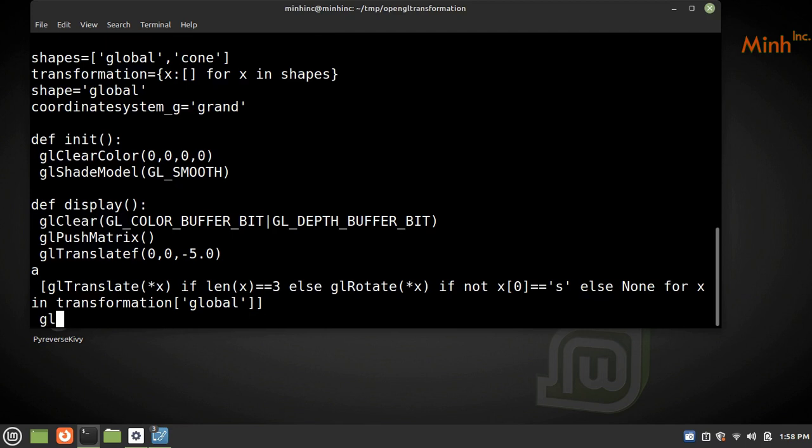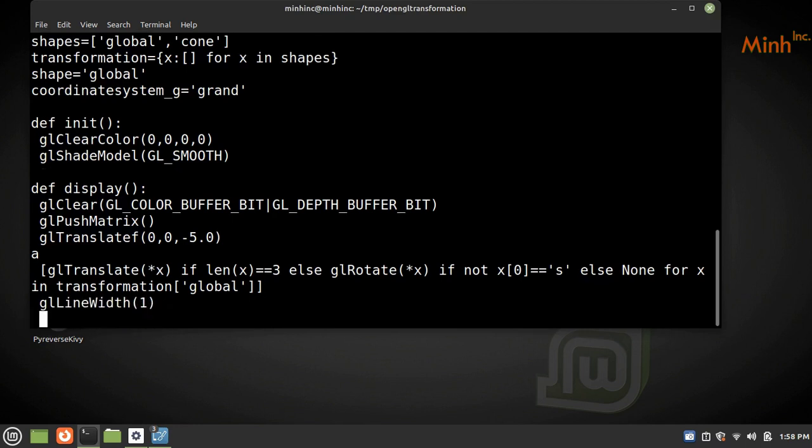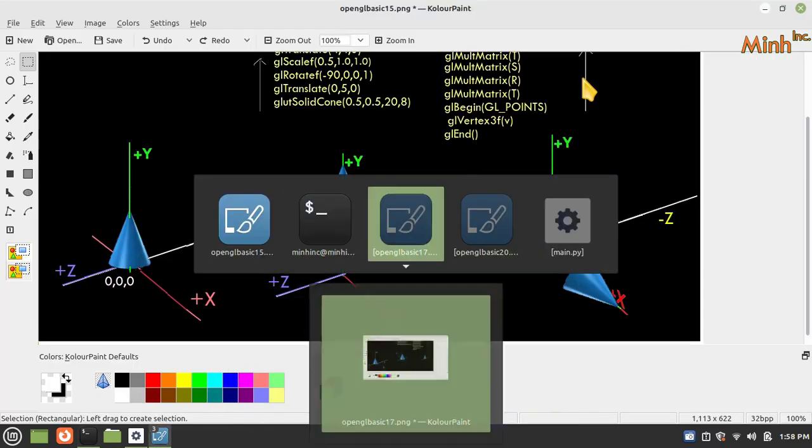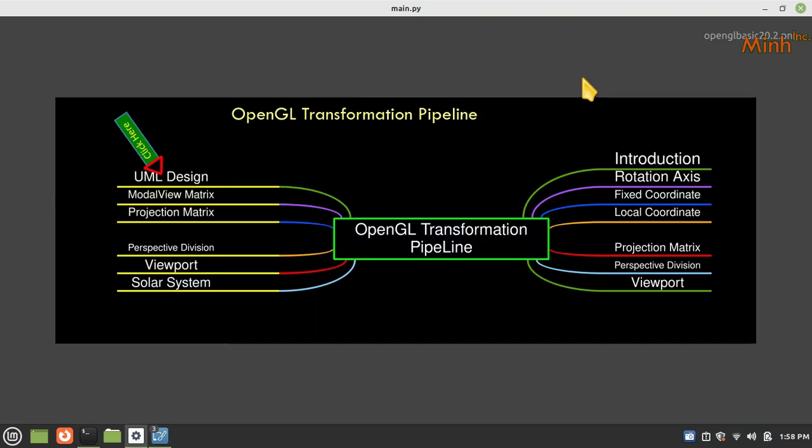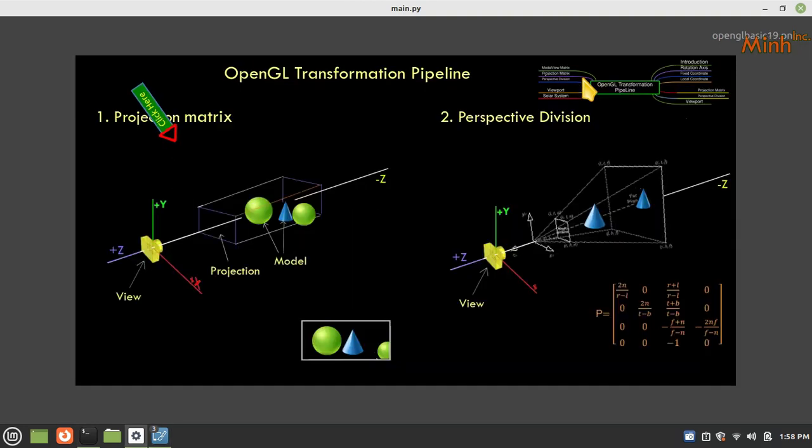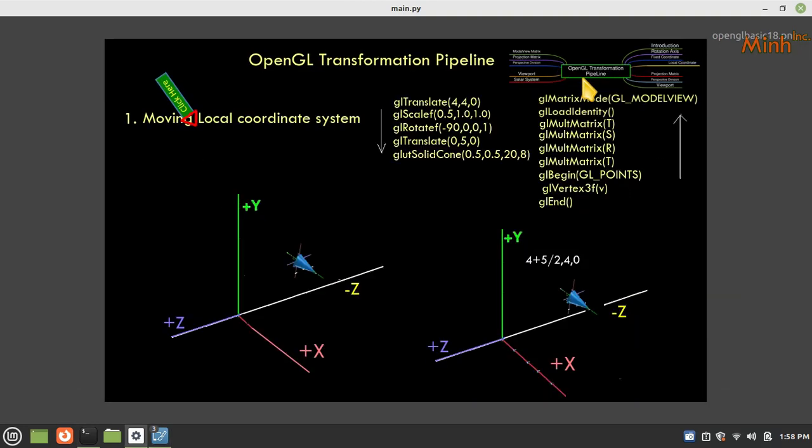glLineWidth we'll keep at 1, for i in zip. Now we are drawing the axis. This global axis we are drawing, and we'll draw the local axis also.